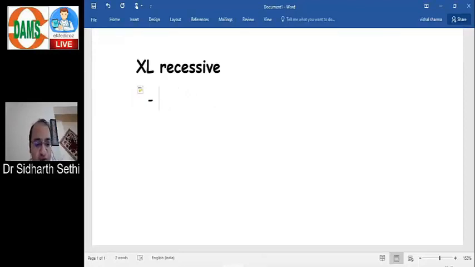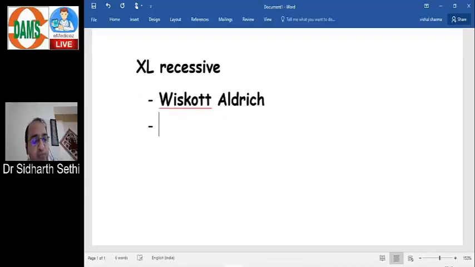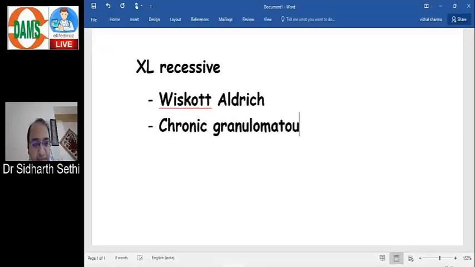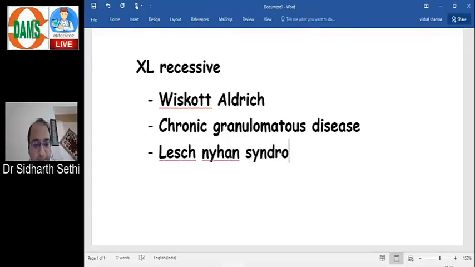So Wiskott-Aldrich syndrome is X-linked recessive, a triad of eczema, thrombocytopenia and immunodeficiency. Chronic granulomatous disease is also X-linked recessive. Lesch-Nyhan syndrome, so the answer to that question was actually Lesch-Nyhan syndrome.